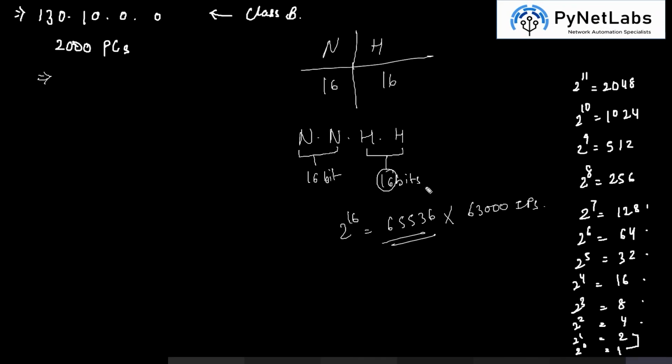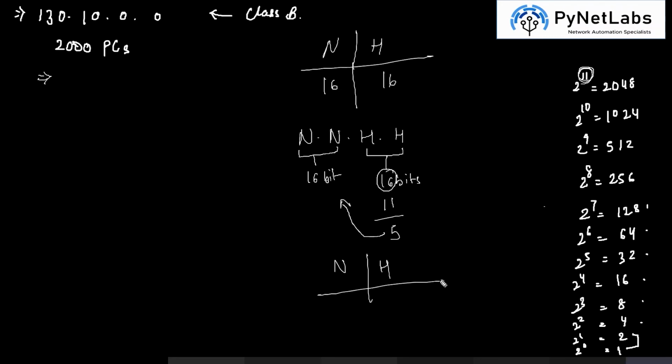It's just an approx figure. So to avoid this wastage, we are simply taking 11 bits, which is the least we can take for a requirement of 2000 PCs. We are taking 11 bits out of this, and the rest of 5 bits will be used as network bits. So now the network and host will look something like this: 21 and 11.